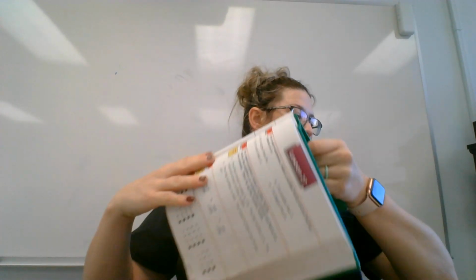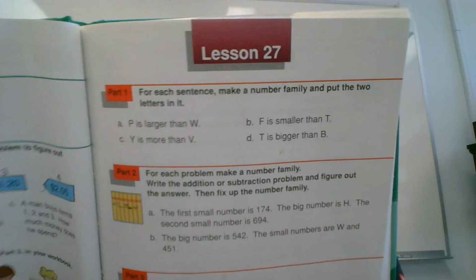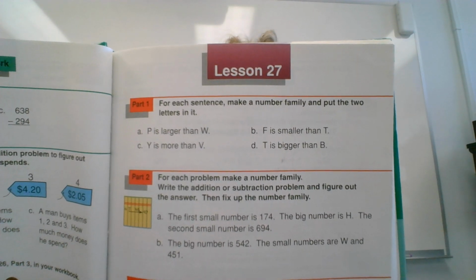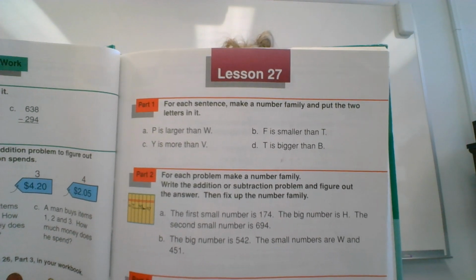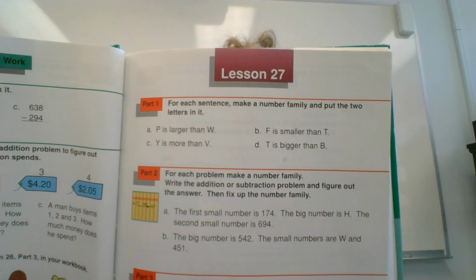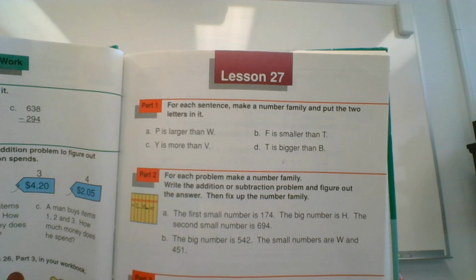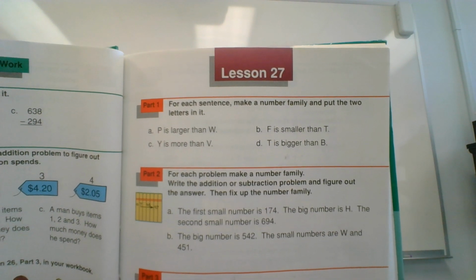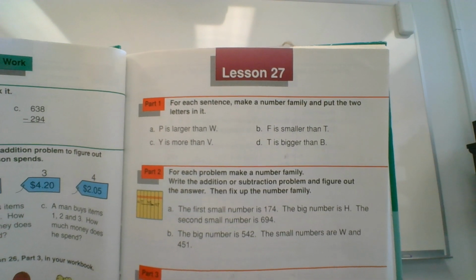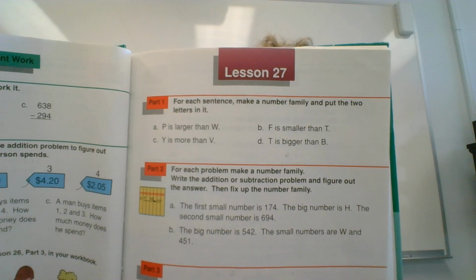All right, part 1. On lined paper, we're going to go ahead and write the number families. Remember, the number that goes at the end, the big number, is always bigger, taller, faster, stronger.